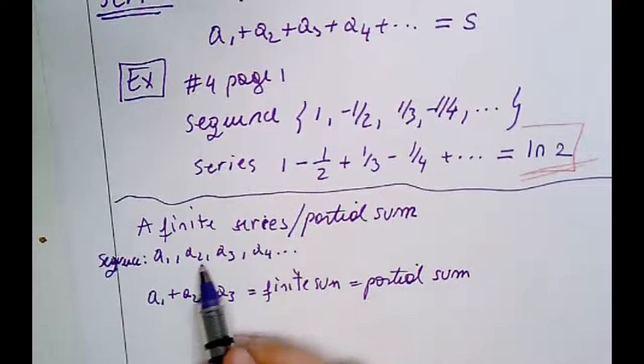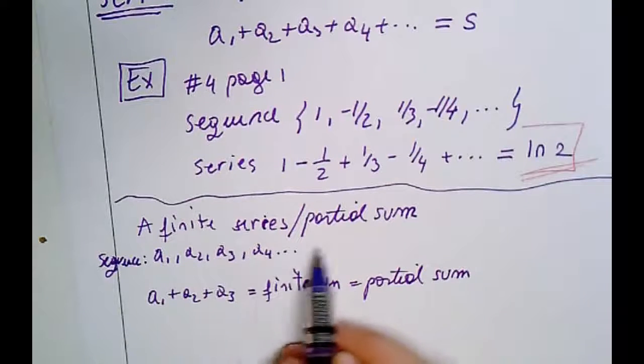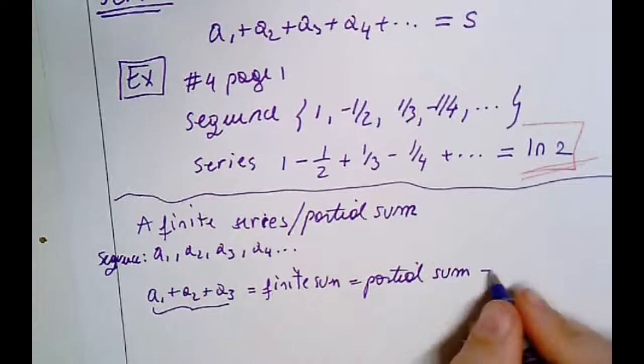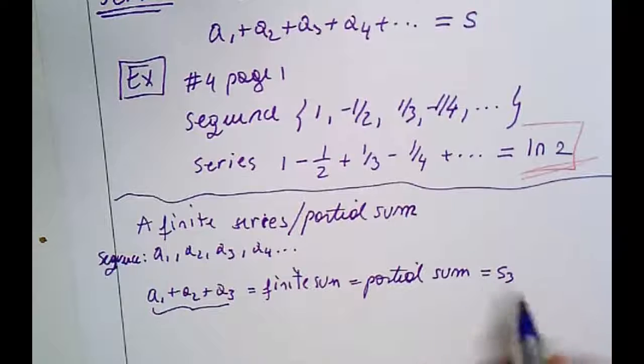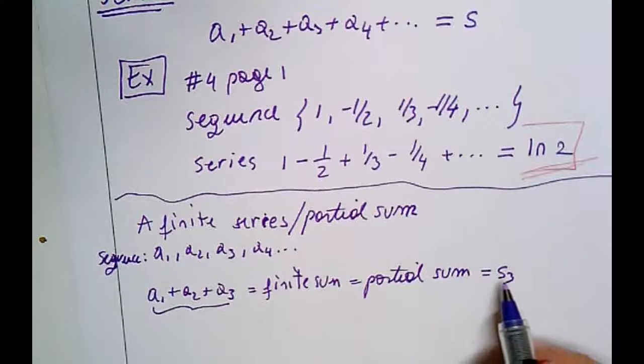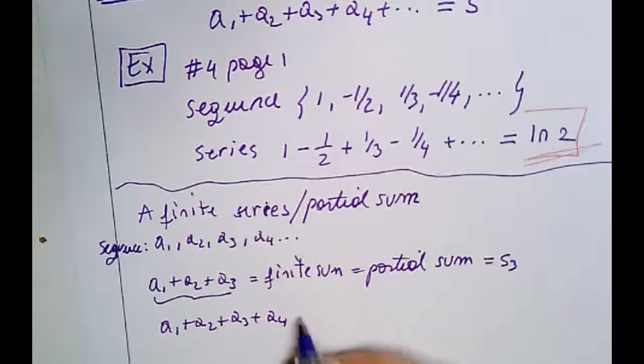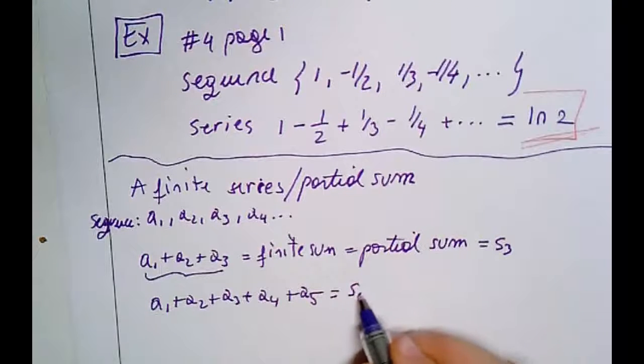I'm not looking at all of it, a1 plus a2 plus a3 plus a4 plus all the way. I am looking at a partial one, a1 plus a2 plus a3. This is denoted S3. If I'm looking at a1 plus a2 plus a3 plus a4 plus a5, this is another partial sum and is denoted with S5.